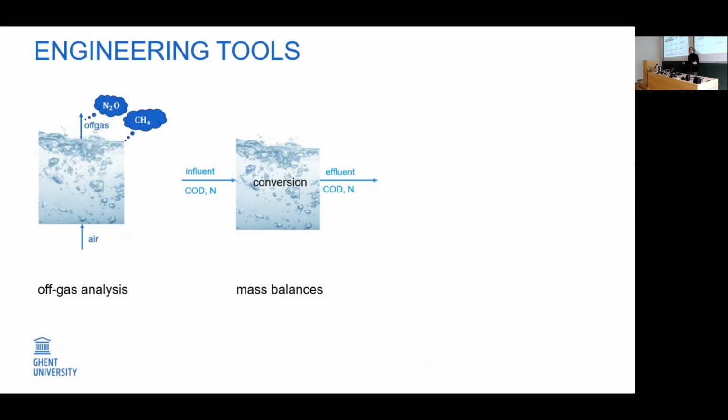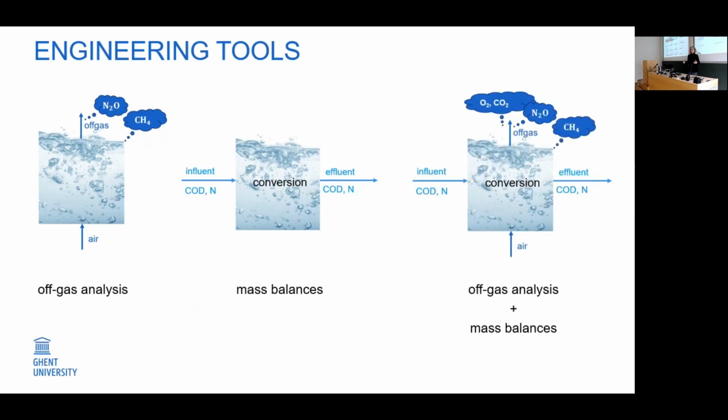Mass balance simply states that what comes into a system, a certain mass, overall mass or mass of a specific component, needs to be equal to the mass that goes out of the system plus what is converted in the system. And then you can also combine different tools, and we will gain even more insights from that. And this is what I want to demonstrate to you today.